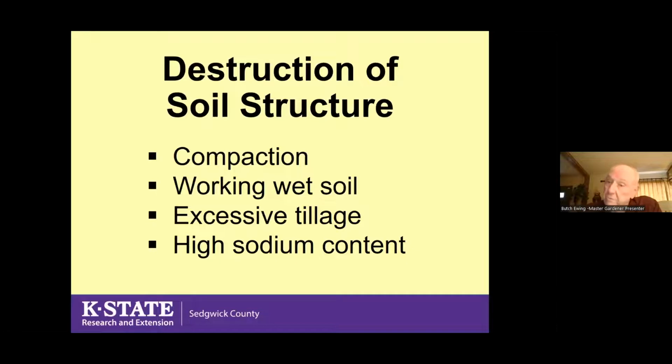Another way you can destroy that structure is through excessive tillage. If you go in with a power tiller and pulverize that ground so that it's like flour, then you have destroyed all the structure. So excessive tillage is not a good idea on your gardening areas.